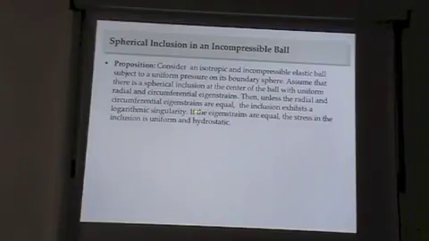Then, unless they're equal, there is a logarithmic singularity. If they're equal, the stress in the inclusion is uniform and hydrostatic for an arbitrary isotropic but incompressible solid. Interesting, right? So geometry gives you something highly non-trivial. You may expect that this result is okay, but this is the proof.